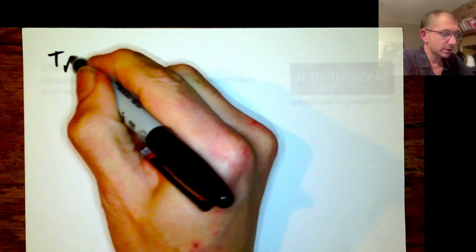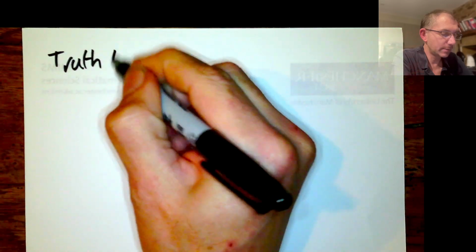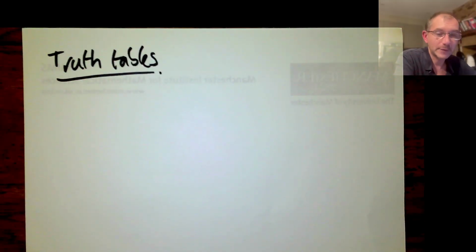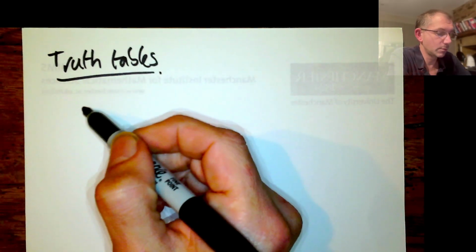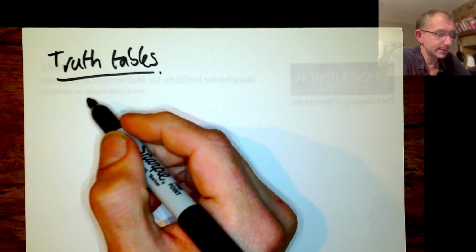Right, so this lecture is going to be all about calculating truth tables, which, as I said, are good exam questions. Maybe the most fundamental yet interesting one is the following.